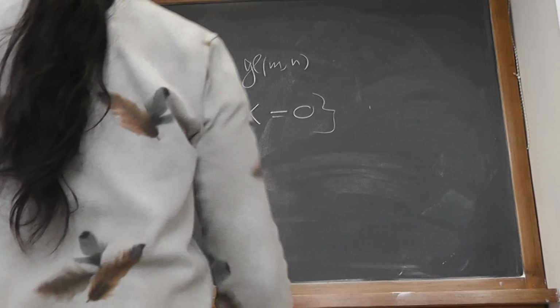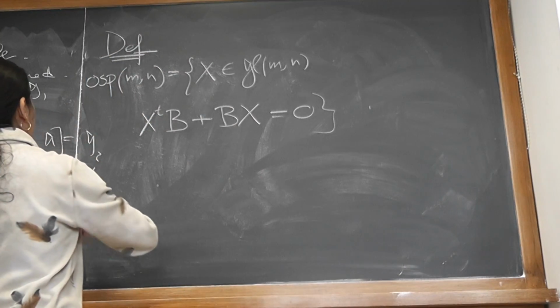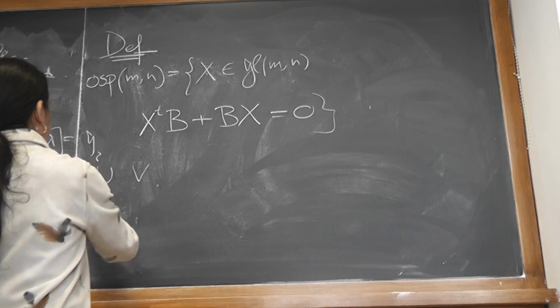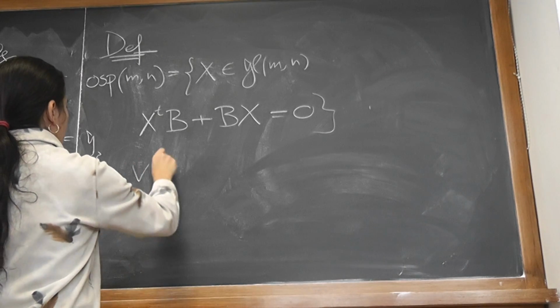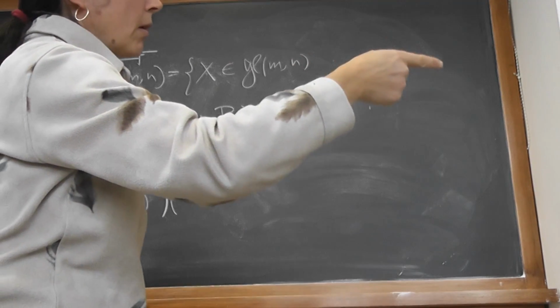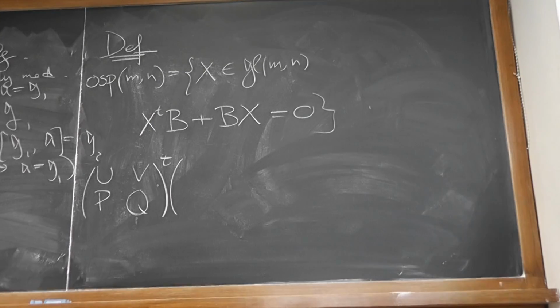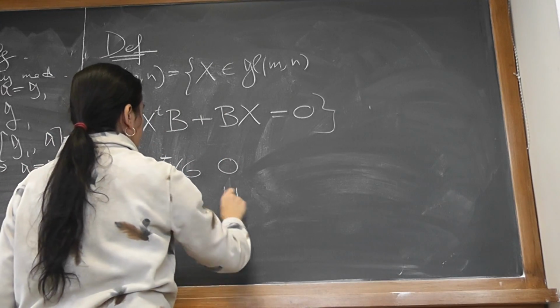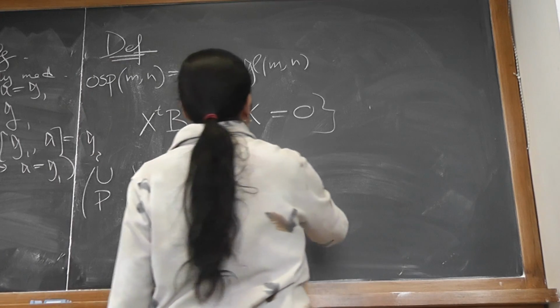Let me explain. You have to take a matrix, say, of this type, U, V, P, Q, transpose, and then you apply this B. Let's give a name. We call this block G, say, and this block we call H. So we do plus.